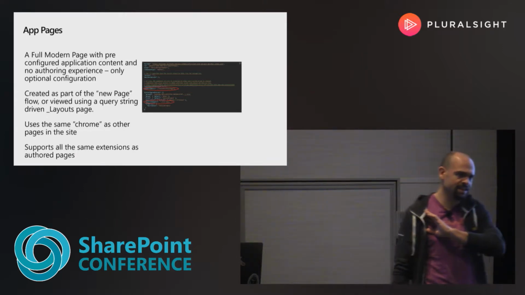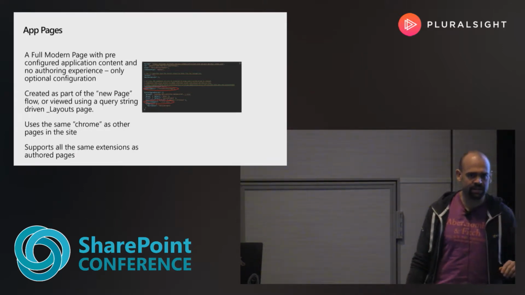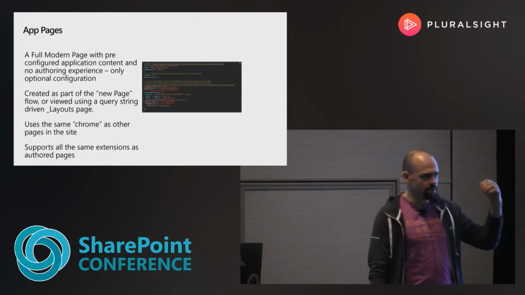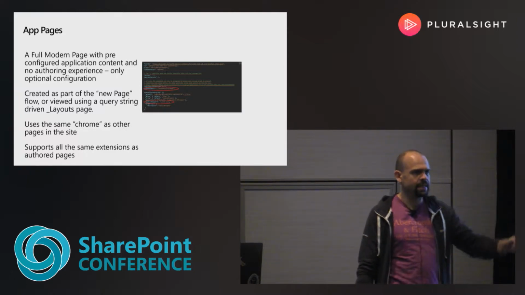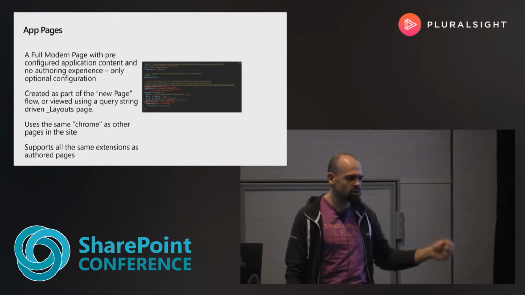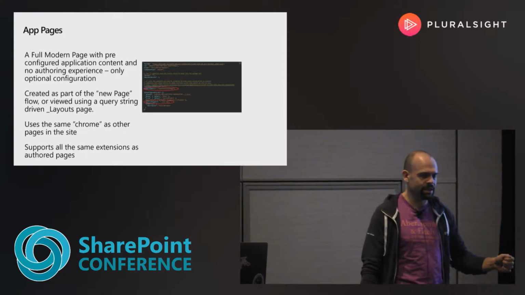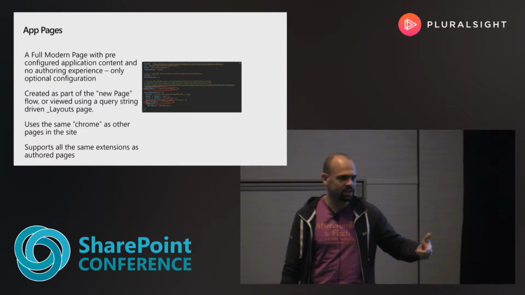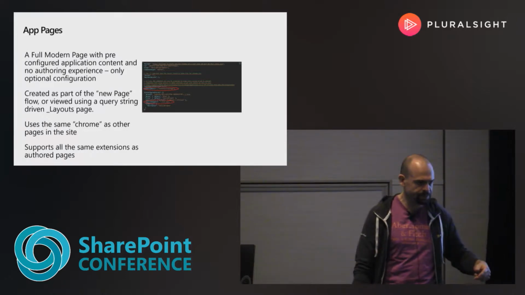Everything else is exactly the same as any other SPFx component. You build, you package the solution, you deploy it in the app catalog, and the tenant administrator has full control of the lifecycle, of where the code is loaded, and of web API access.